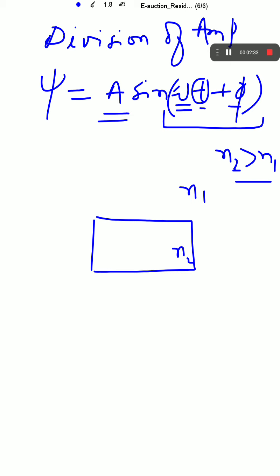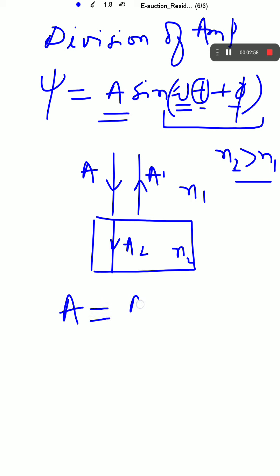So what is happening when you shine it? Let us say amplitude A is incident. Part of that will be transmitted, A2, and part of that will be reflected, A1. So amplitude A is getting divided into A1 plus A2.